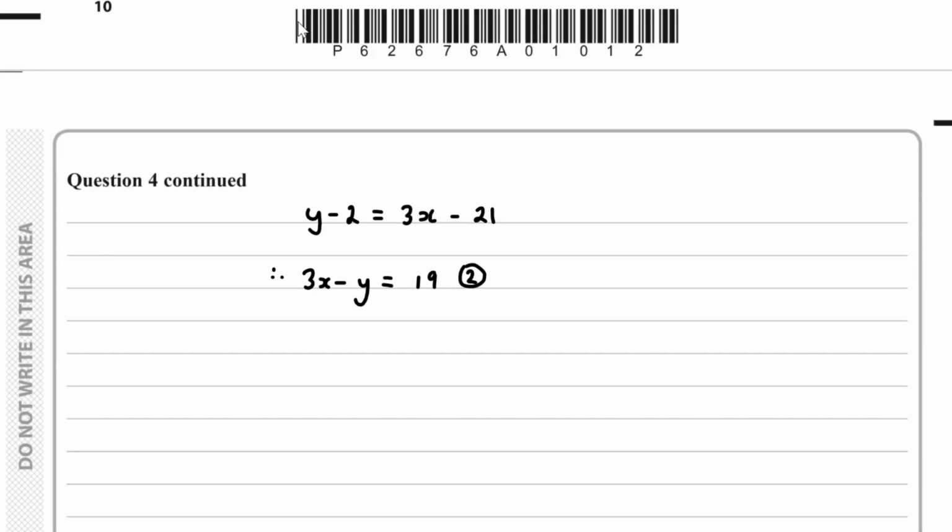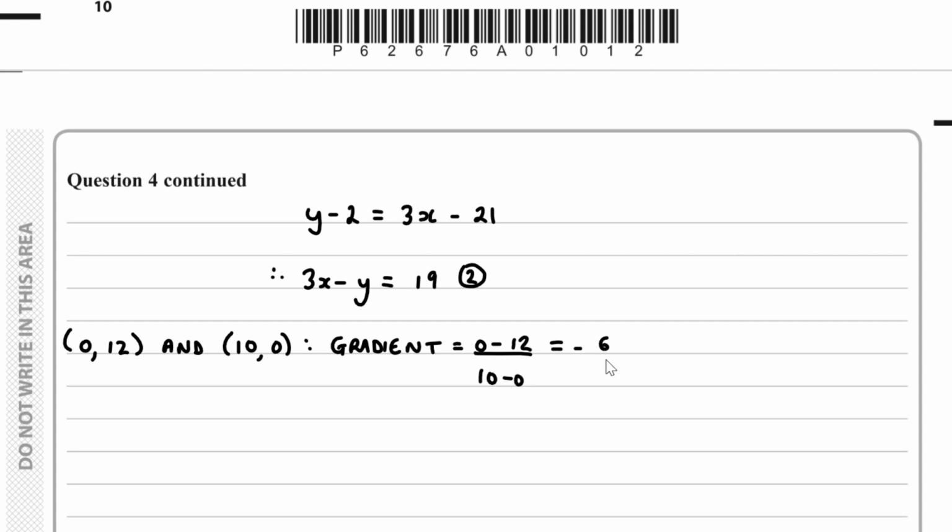So let's consider first of all the points 0, 12 and 10, 0. Of course, the gradient is equal to 0 take away 12 over 10 take away 0, which is minus 6 over 5.